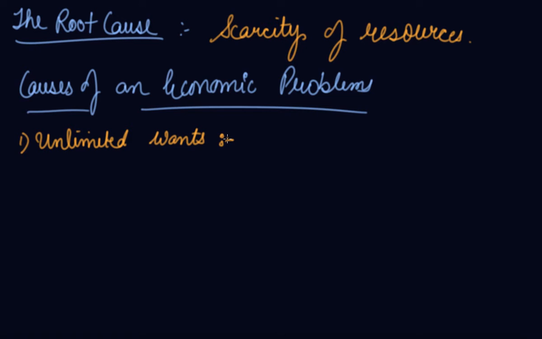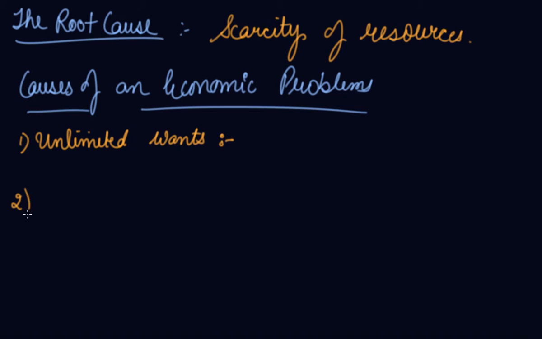You will be having one or the other want every day. So your wants are unlimited. Wants of human beings are unlimited. This is the basic fact of life of human nature. We can never be satisfied. Some wants are everlasting, like the need of food, clothes, and housing. Some wants grow as income grows. If your income increases, you will be buying AC, car. So you have unlimited wants with you.